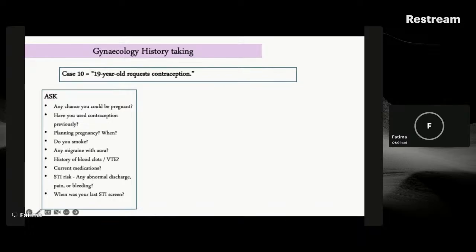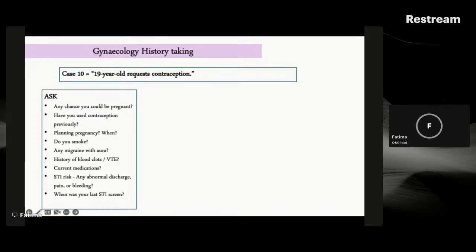I'd also ask about previous contraceptive use and preferences, as well as medical history that could influence contraceptive choices, such as if she smokes, if she's got migraine with aura, or if she's got a history of blood clots, because these all prevent you from prescribing hormonal contraceptives.